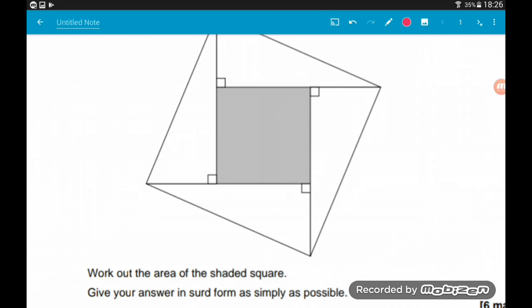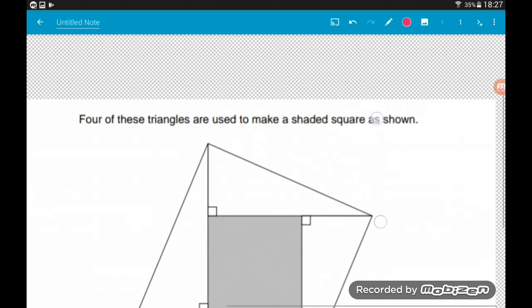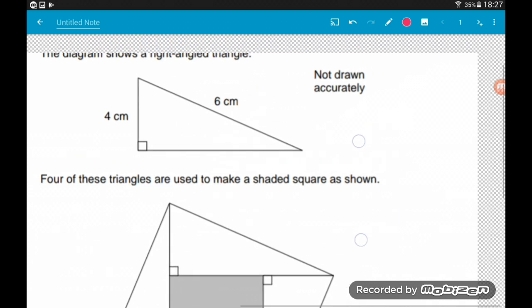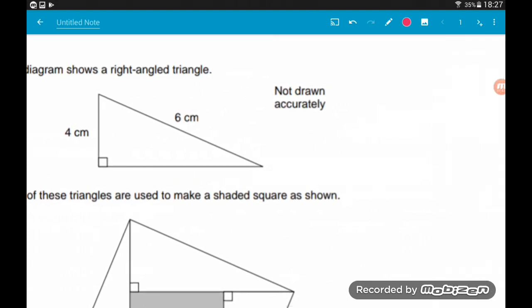The base of the triangle, or part of the base of the triangle, makes up the side length of the square. So the first thing we're going to have to do is work out the third length of the triangle. Then that's going to help us get the side length of the square. Then when we've got that, we can work out the area. So let's go back to the top and work out the third length of Mr. Triangle.